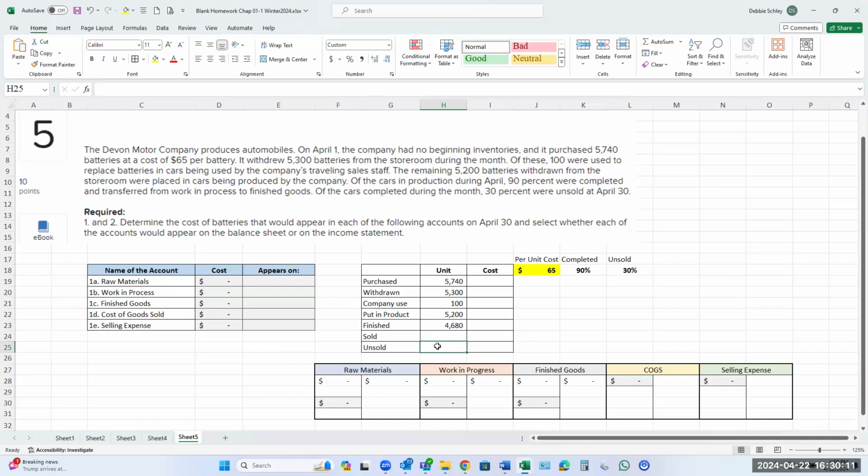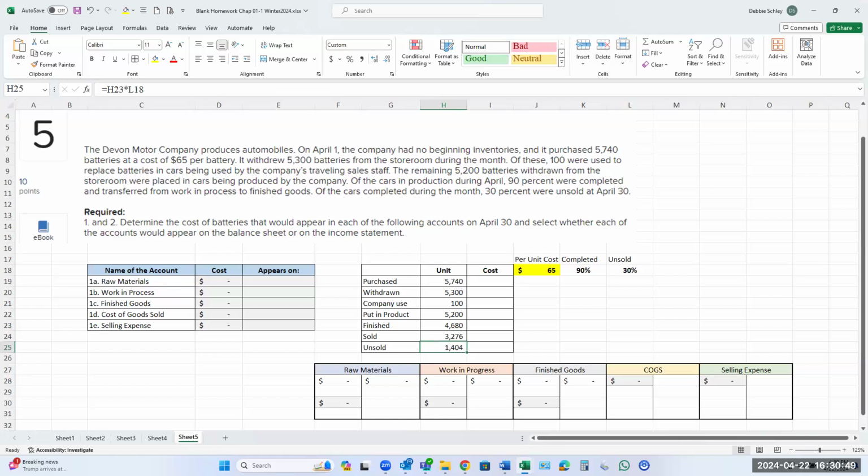So I don't know how many were sold, but I do know how many were unsold. It's the finished times 30% are unsold. Okay, so now I know this many were finished, this many were not sold. So the number that were sold would be the finished minus the unsold.